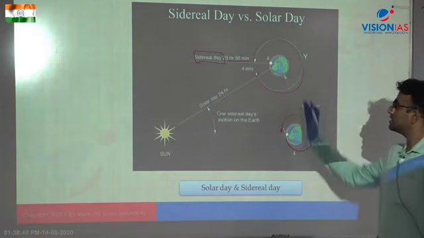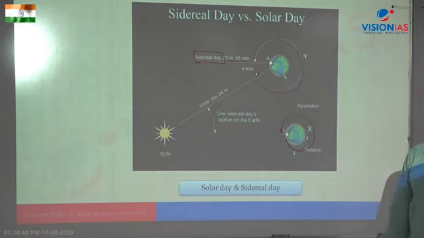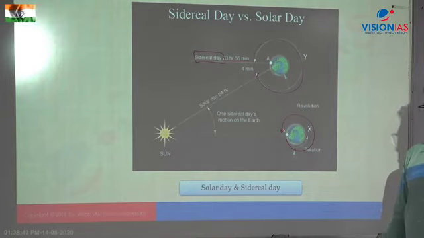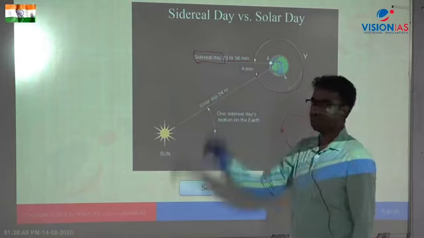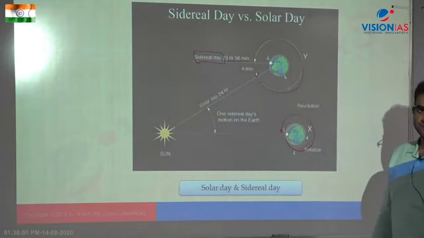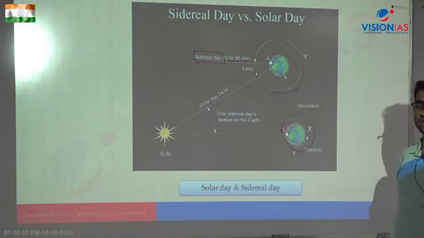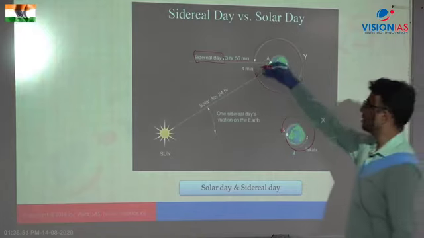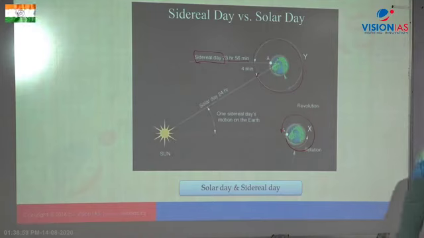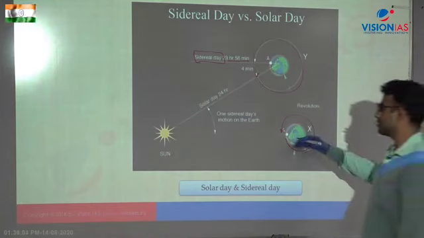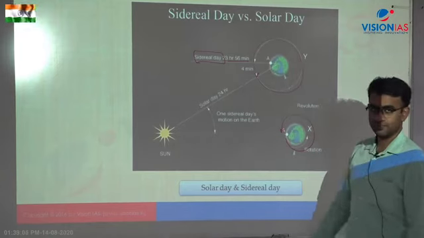But since the Earth is moving, even after 360 degrees of rotation, the Sun is not in the same position. We are yet to reach the position of the Sun, so we need to move some more degrees, maybe 361, 362 degrees. That excess rotation is required because Earth has moved from this position to this position.